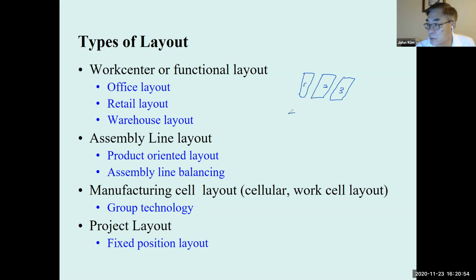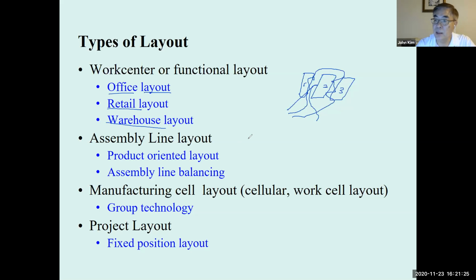The first customer needs something, and then this one, and then out. A certain customer needs aisle 2, 3 here, and so many different types of the process or product. Then the retail type layout, and warehouse type is proper for those kinds of products.